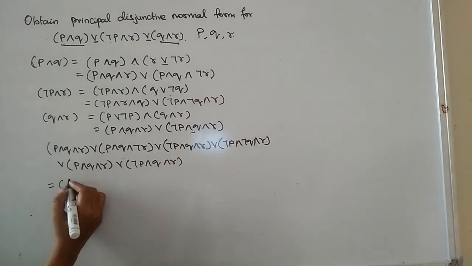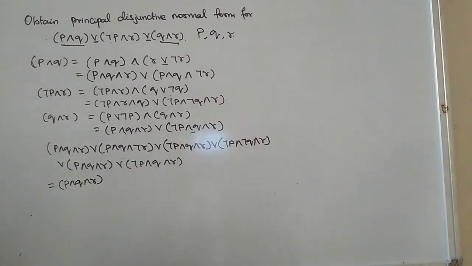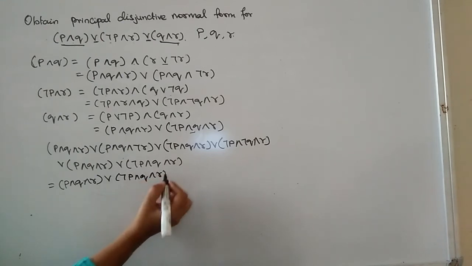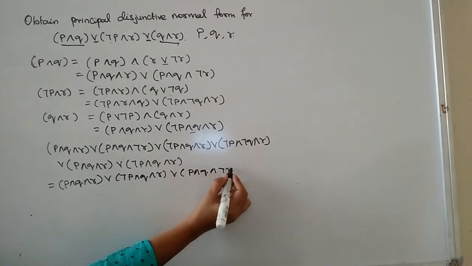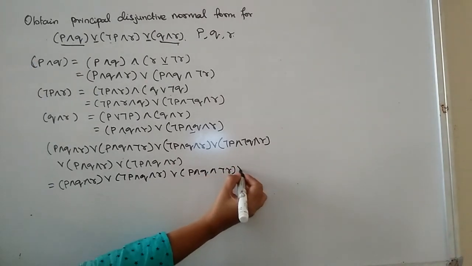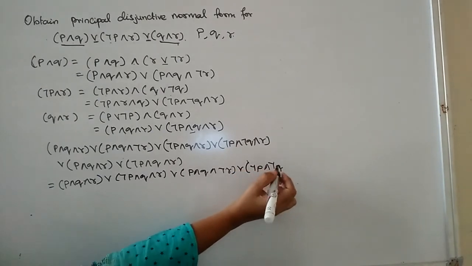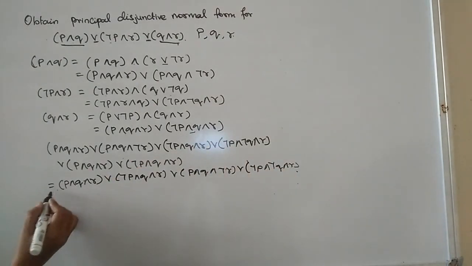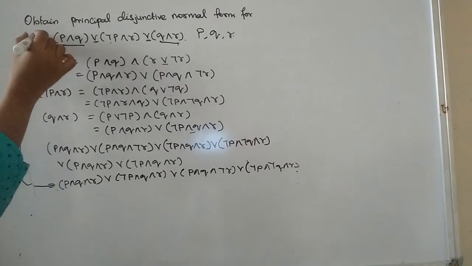So we will have P and Q and R, or negate P and Q and R, or P and Q and negate R, or negate P and negate Q and R. This is the equivalent formula obtained from the given one.